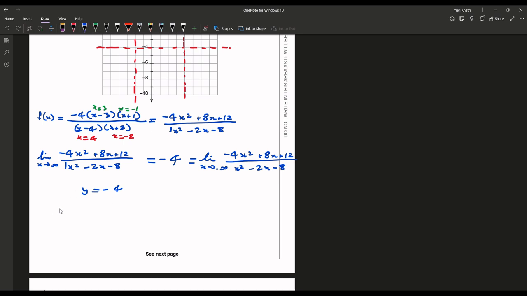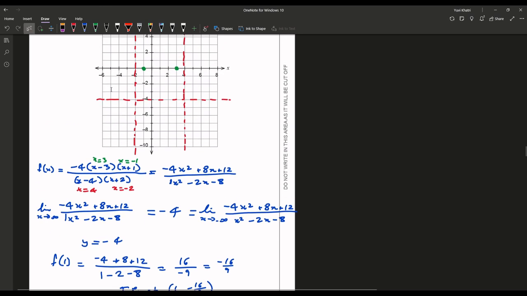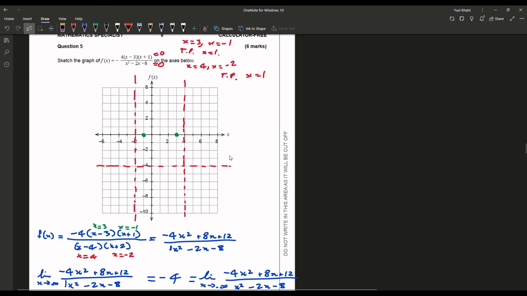If we do that, we just sub in f of 1 to get the y value. We got 1 plus 8 plus 12 over 1 minus 2 minus 8, which is 21 over -9. That's -16 over 9. So we've got a turning point at 1, -16 over 9. And that looks to be around about here.